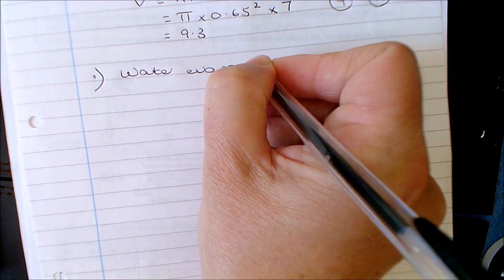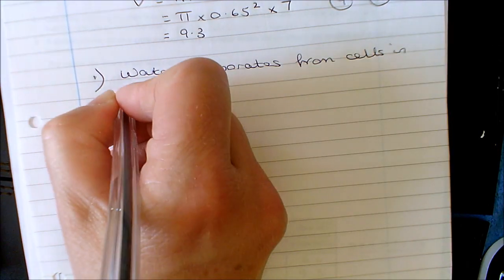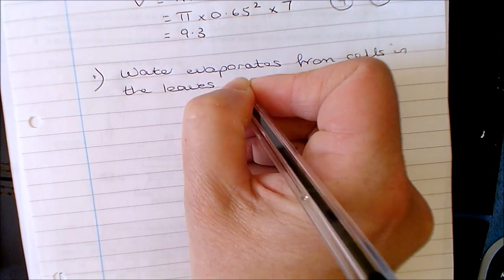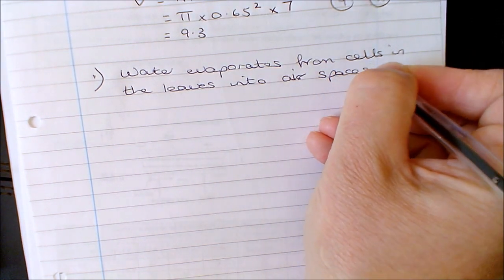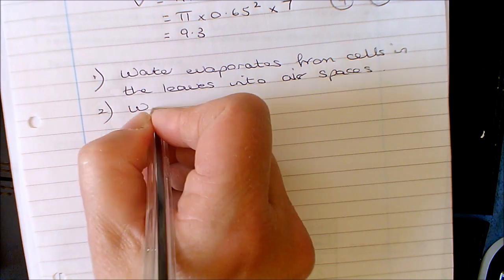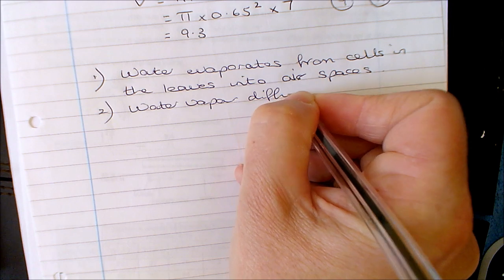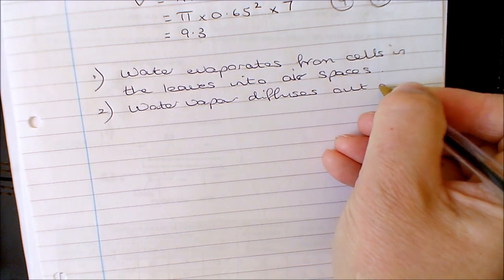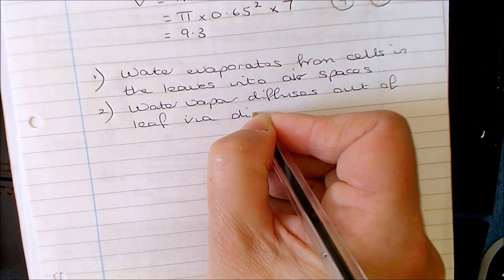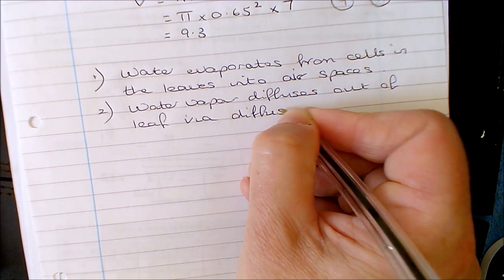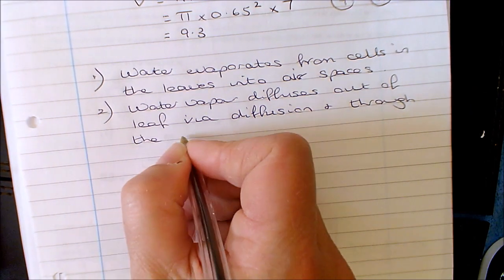evaporates from the cells in the leaves into the air spaces. Number 2, the water vapour diffuses out of the leaf via diffusion and through the stomata.